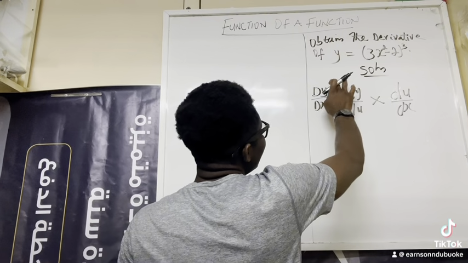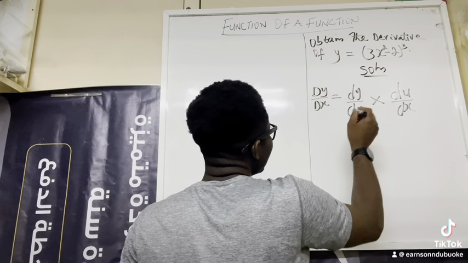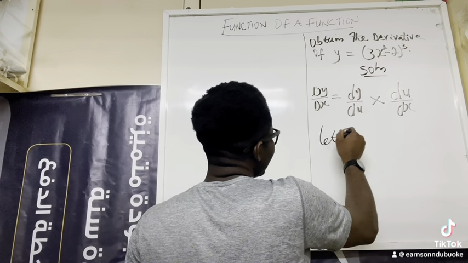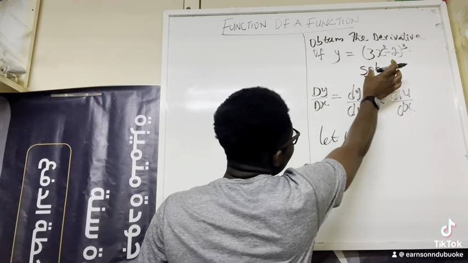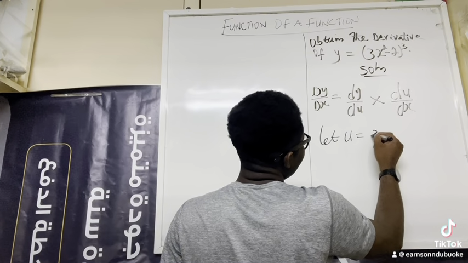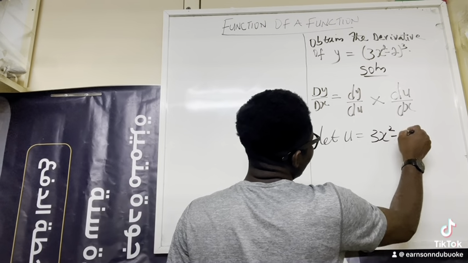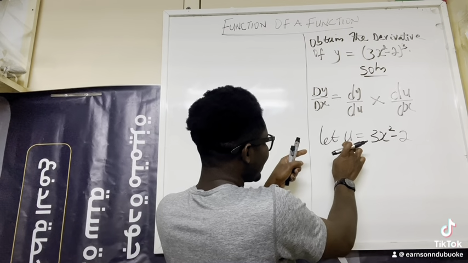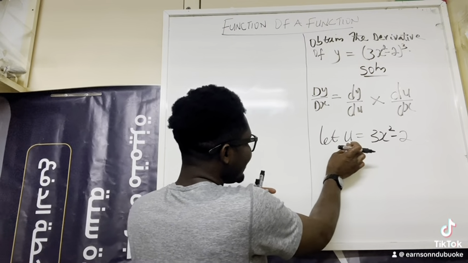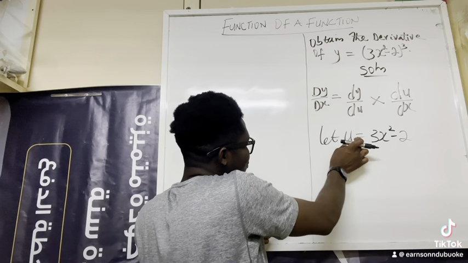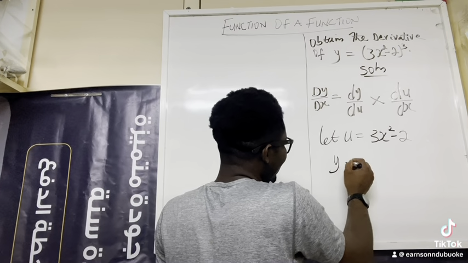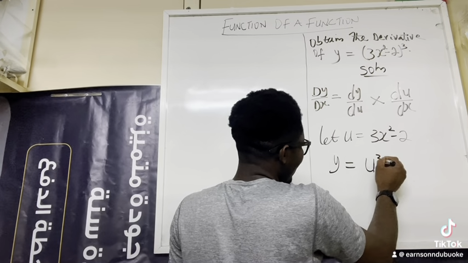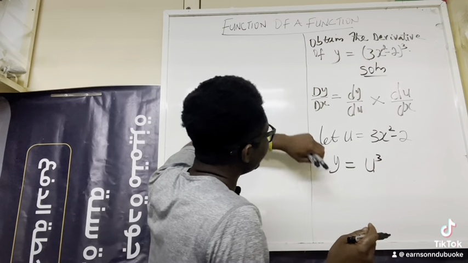Now, since y is a function of u, the first thing you need to do is say let u equal everything inside this bracket, which is 3x squared minus 2. And since y is a function of u, y will be equal to u raised to the power of 3. Watch it.